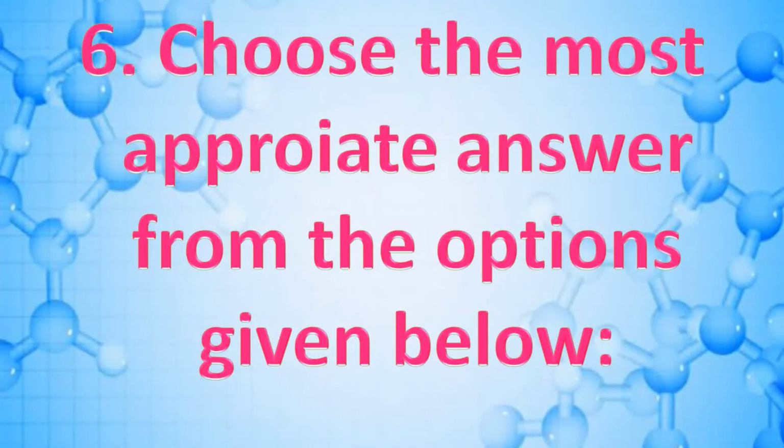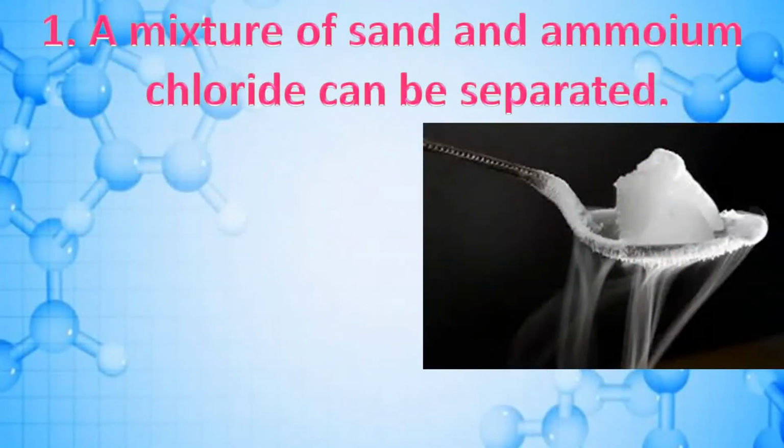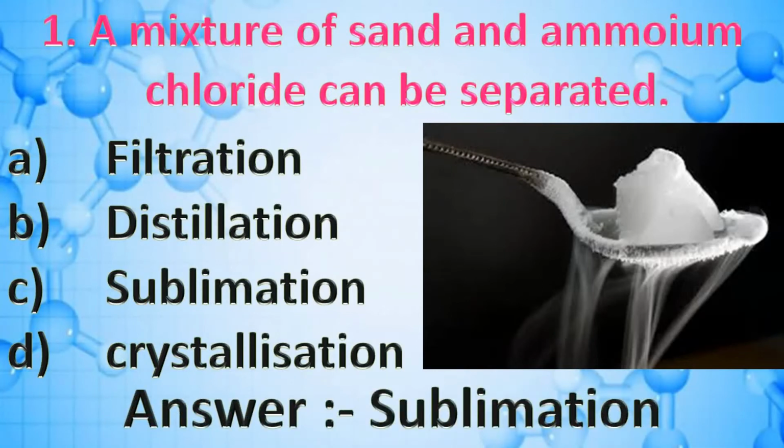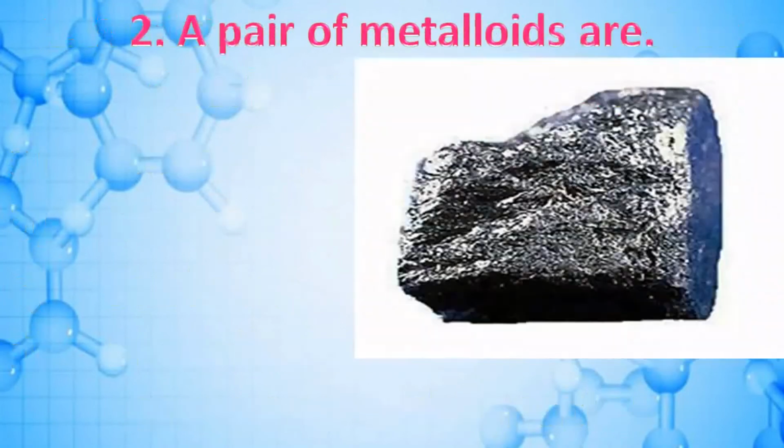Choose the most appropriate answer from the option given below. A mixture of sand and ammonium chloride can be separated. Option A, filtration. Option B, distillation. Option C, sublimation. Option D, crystallization. Answer is sublimation.